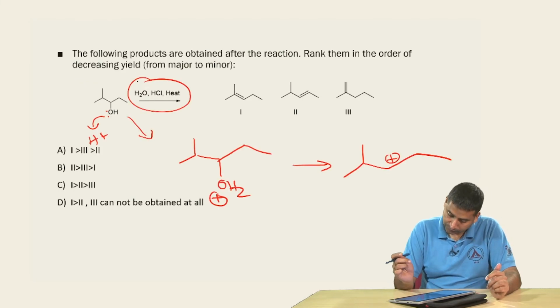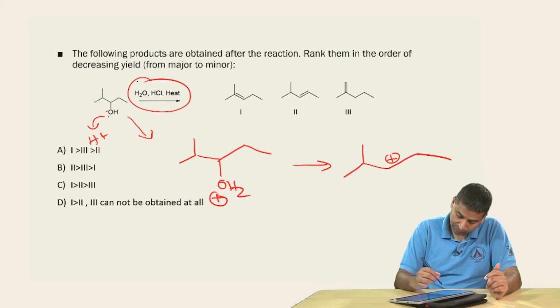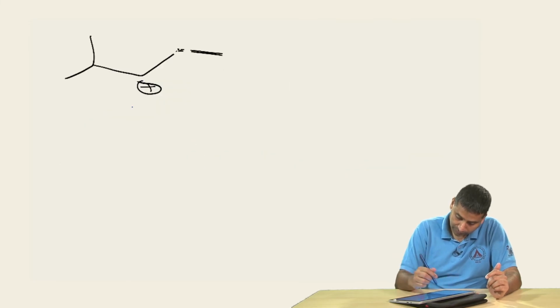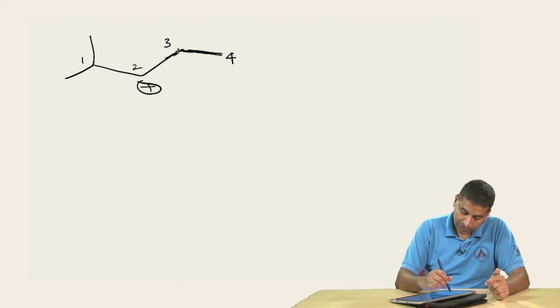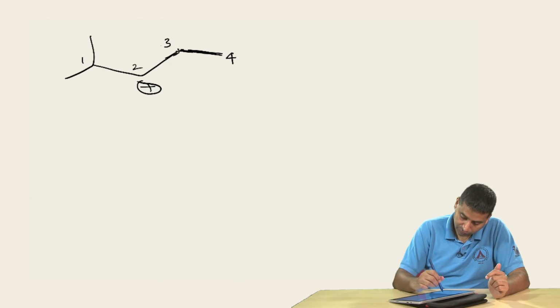And so, just to be clear, this is 1, 2, 3 and 4. So, we will have numbering 1, 2, 3 and 4. This is a single bond, not a double bond. And so, this carbocation can be formed, and just to be clear, let me draw out the hydrogens. This is one of the hydrogens, this is the other hydrogen.